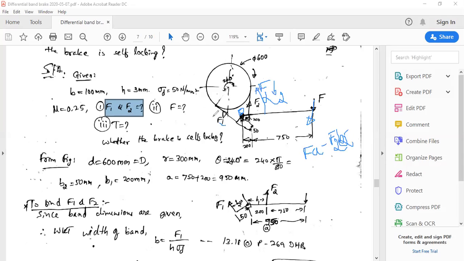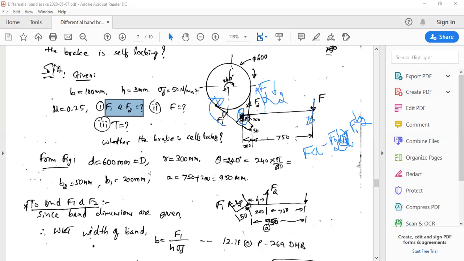Again, F1 gives the moment in the anti-clockwise direction about this fulcrum point, so this will be written with the plus sign, plus F1 into b1. Sorry, F1 into b2, and this one is F2 into b1. So this distance is b1.